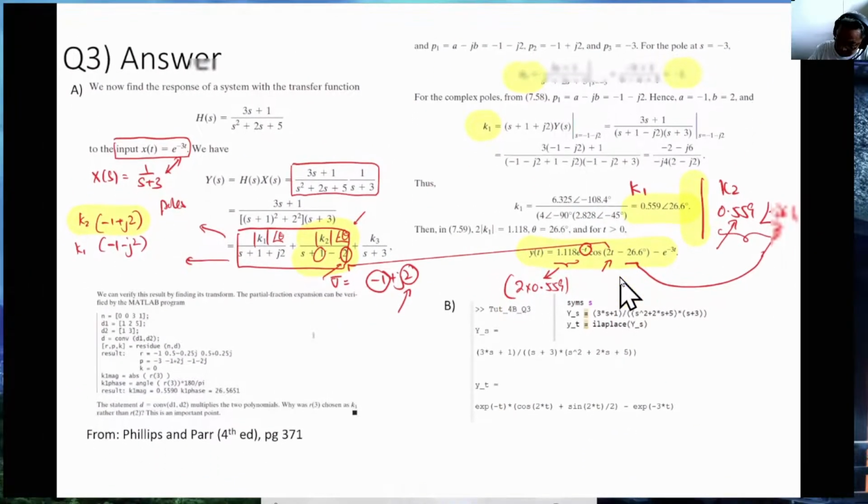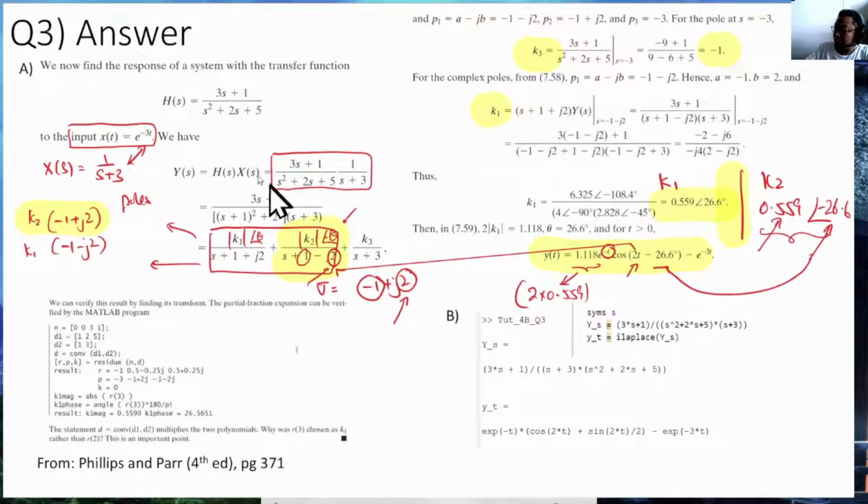Now, in this question, if you are given k1, k2 and k3, then finding this expression is trivial. However, trying to do the partial fraction expansion is non-trivial.